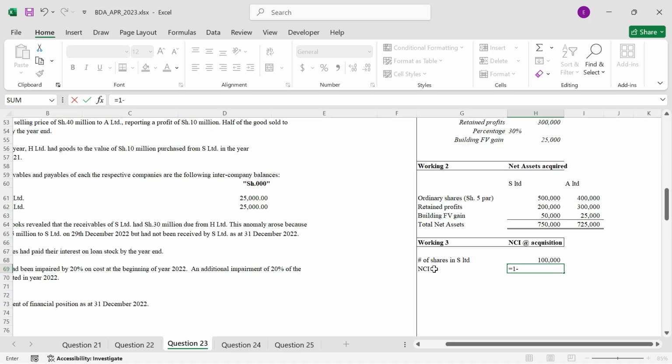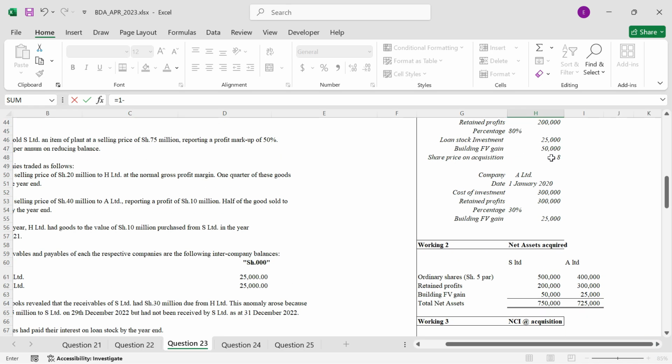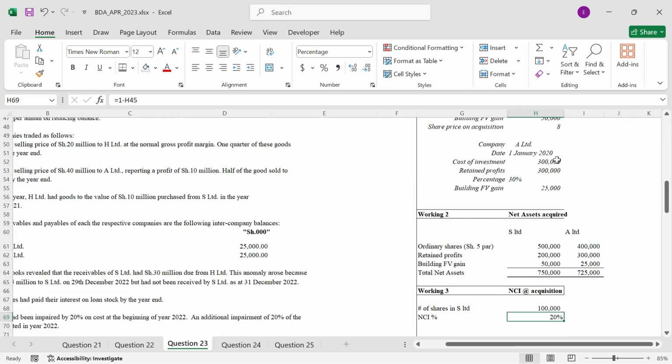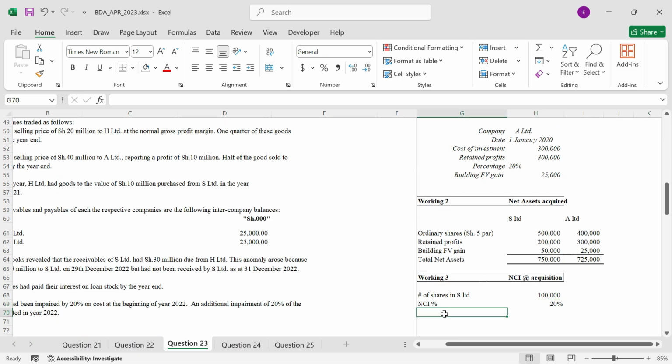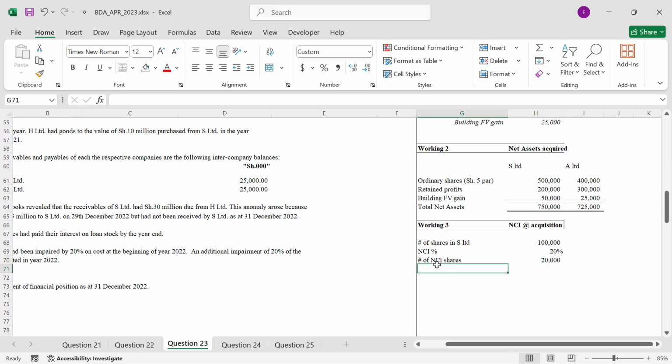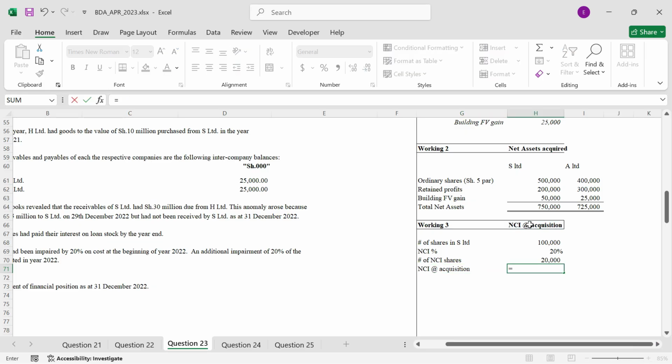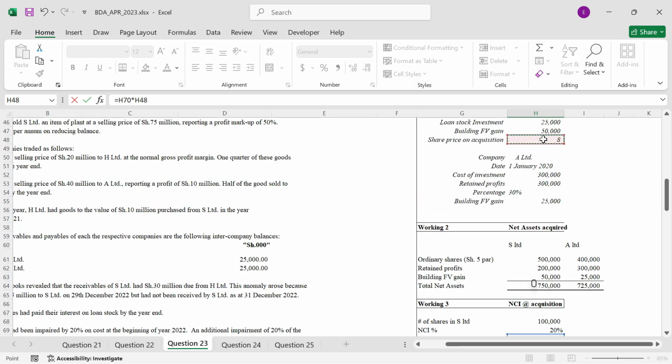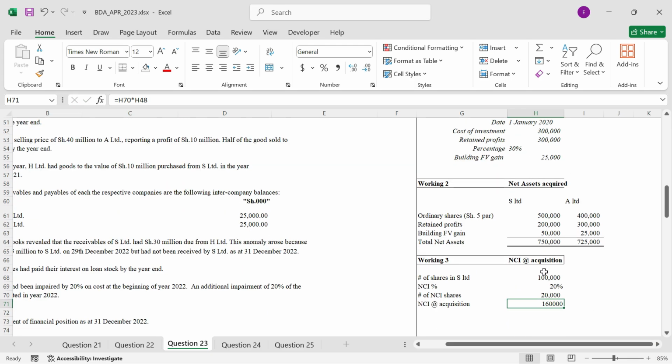If the parent acquired 80%, the NCI has 20%. Then the number of NCI shares would be 20% of 100,000. Finally, NCI at acquisition will be 20,000 shares, each going for 8 shillings, giving a value of 160,000.